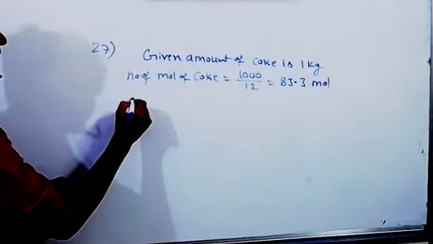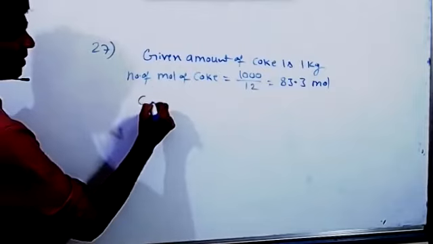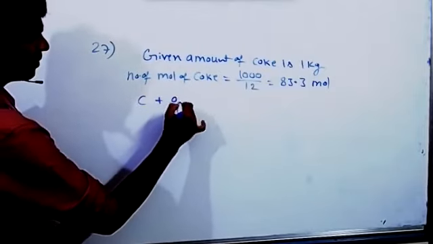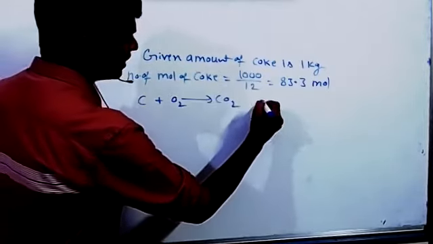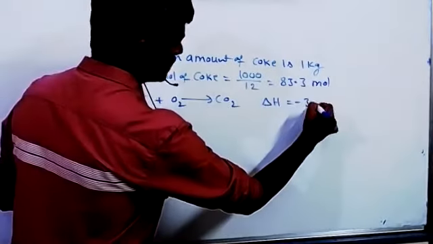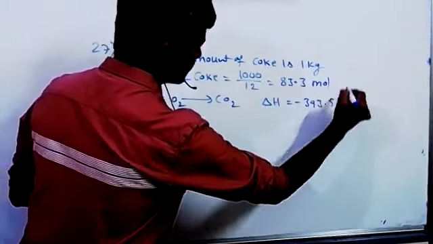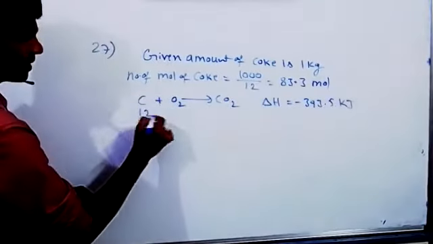By burning 1 mole of coke, meaning carbon, it gives carbon dioxide, delta H is equal to minus 393.5 kilojoules, by burning just 12 grams.